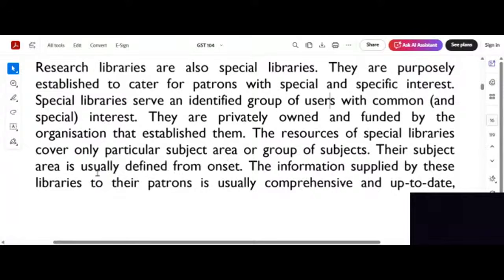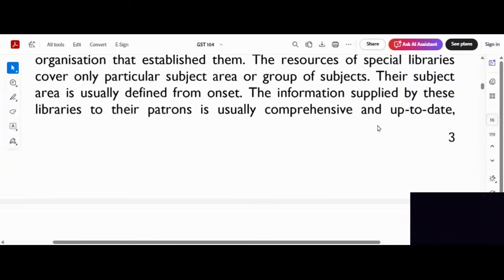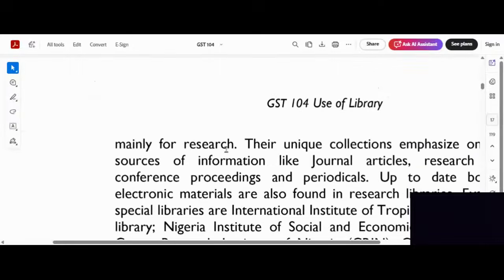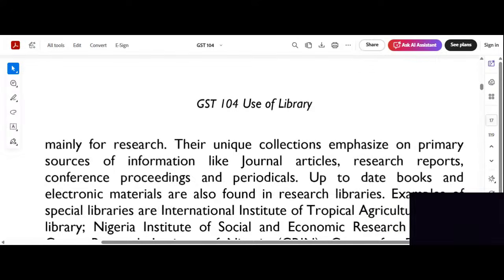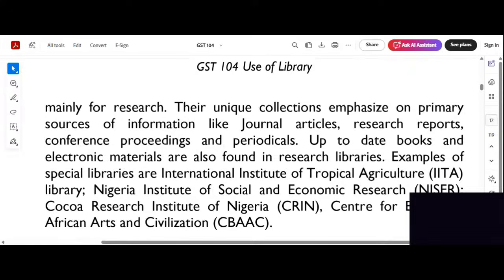Their subject area is usually defined from onset. Information supplied by these libraries to their patrons is usually comprehensive and up to date, mainly for research. Their unique collection emphasizes primary sources of information like journal articles, research reports, conference proceedings, and periodicals.